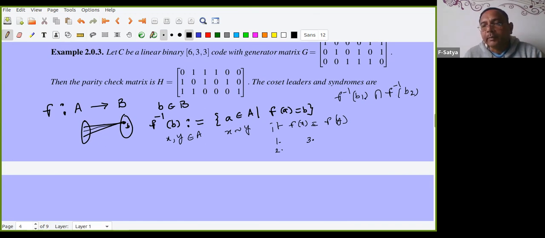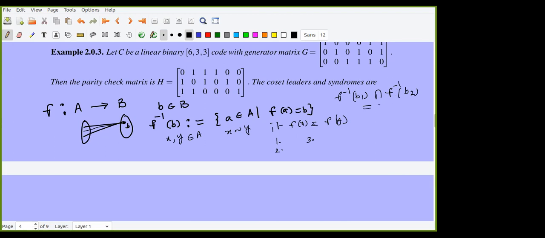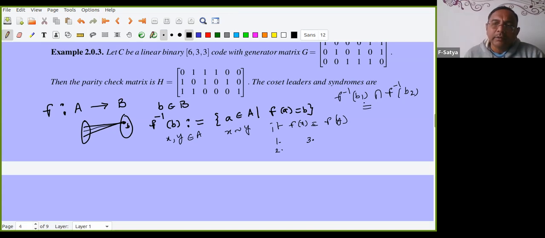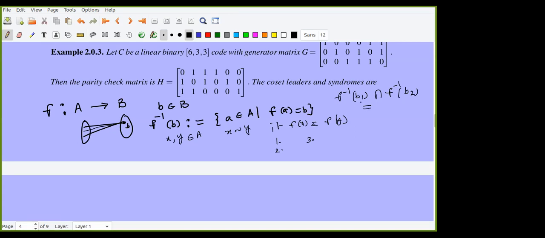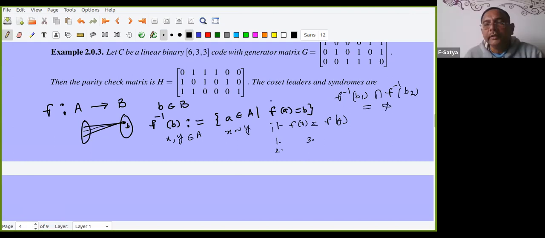That part is okay. What is this set? Can somebody help me? If b1 is not equal to b2, then it is empty. It is always empty. The only condition is that b1 is not equal to b2, which I am assuming. Otherwise the intersection becomes the same set.